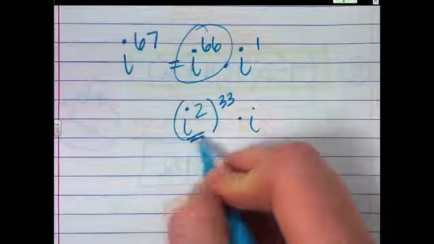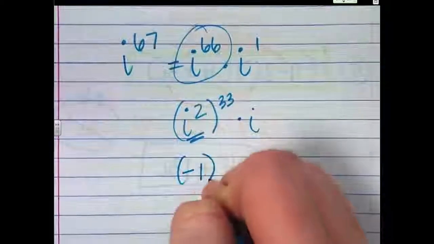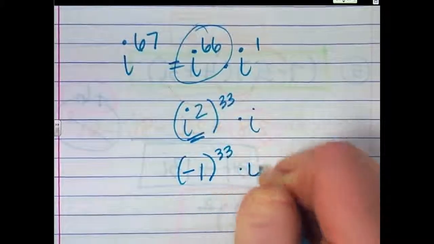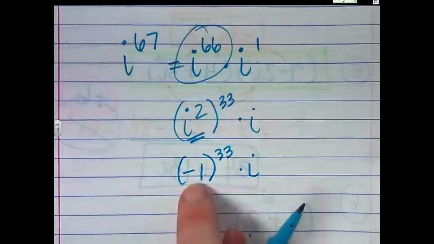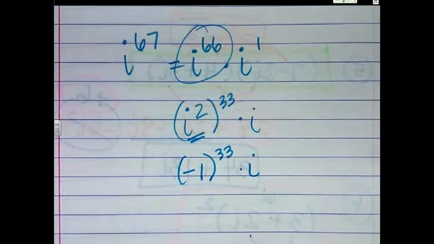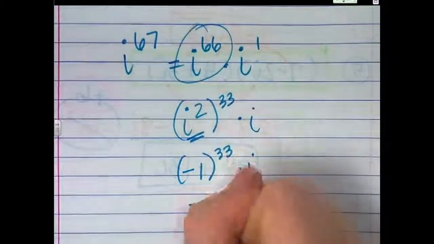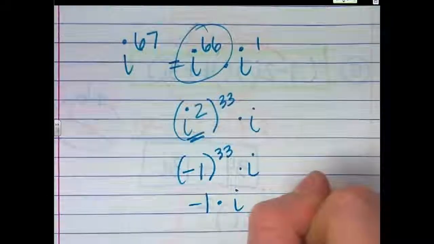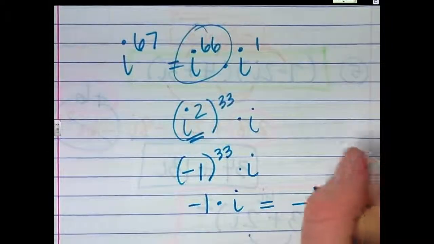Okay, i squared is negative 1. So I have negative 1 to the 33rd power. Negative 1 to an odd power is negative 1. So now I have negative 1 times i, which equals negative i.